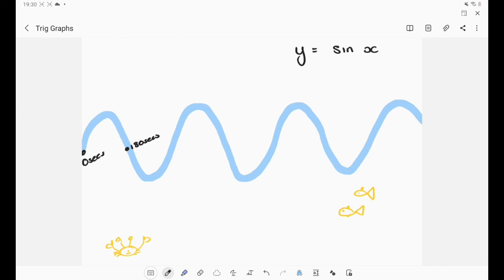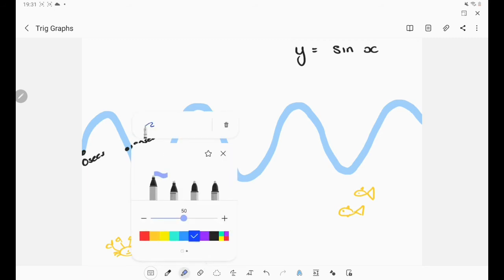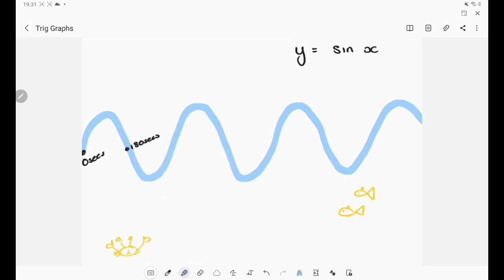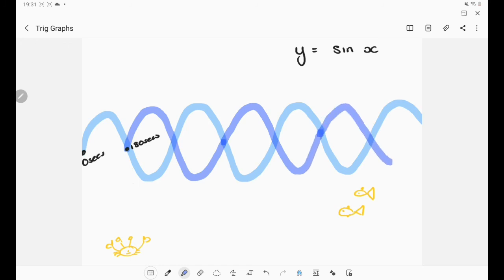Now let's visualize what happens here. Well, our wave would still start in the same place, but it would be almost an exact mirror image of the sine wave you started with. So everything that happened at 0 seconds would now happen at 180 seconds.